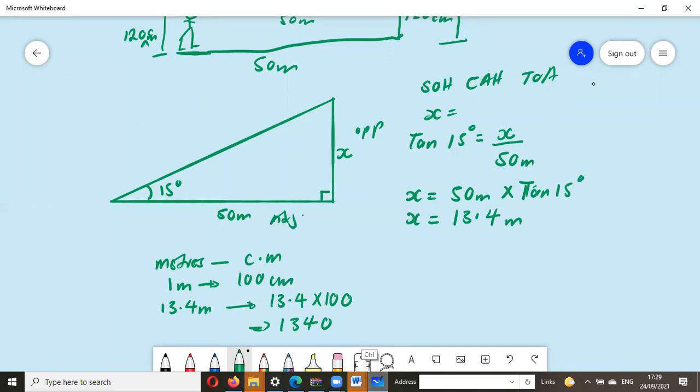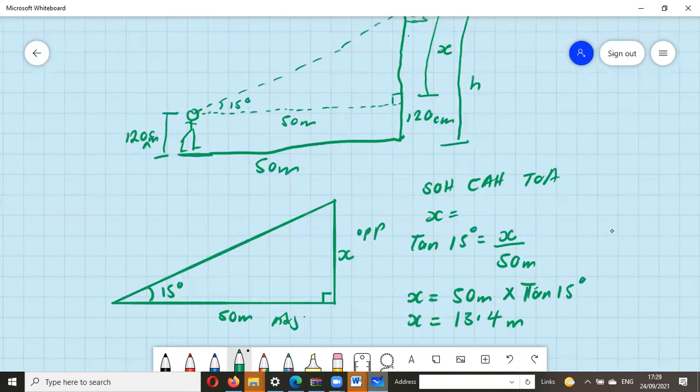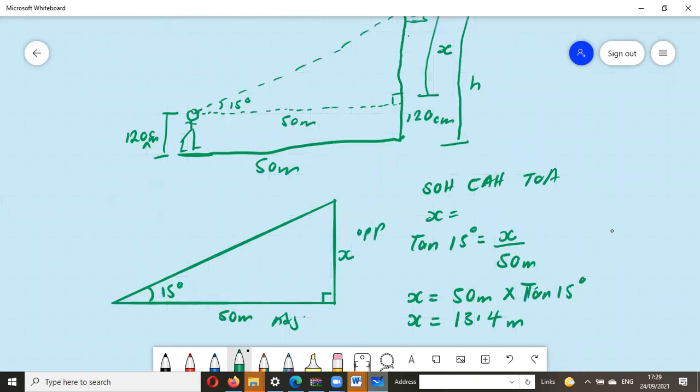Now remember they want the height. If you go back here, the height was from this plus the 120, isn't it? That means we add 120 here.